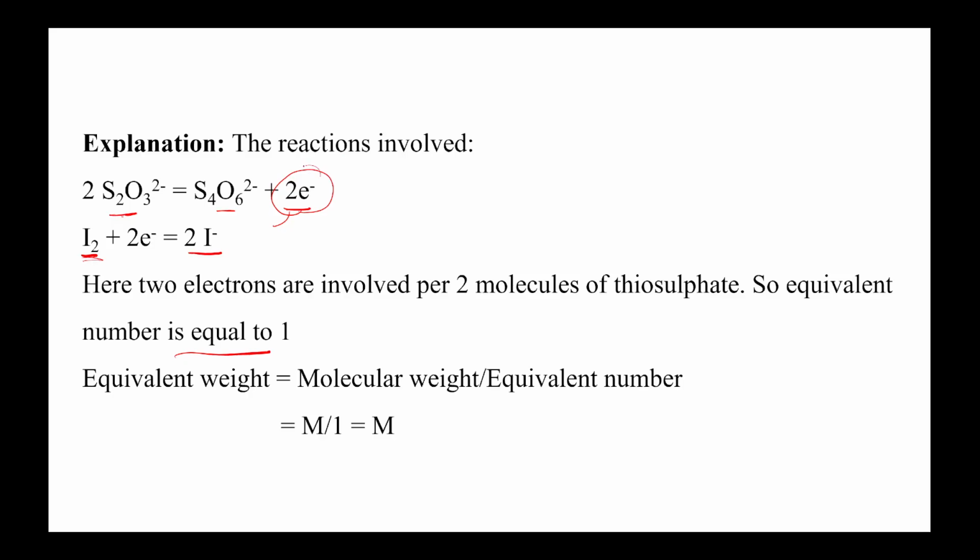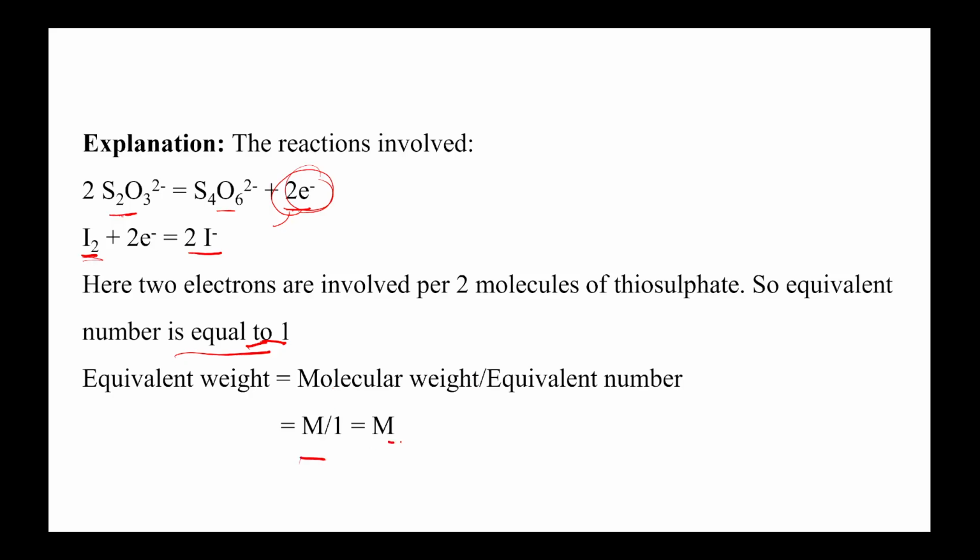Whatever the number of electrons, if one molecule was releasing 2 electrons, then the equivalent number would be 2. But here 2 electrons per 2 molecules, that means 1 electron per molecule. So the equivalent number is 1. Equivalent weight is equal to molecular weight divided by equivalent number.